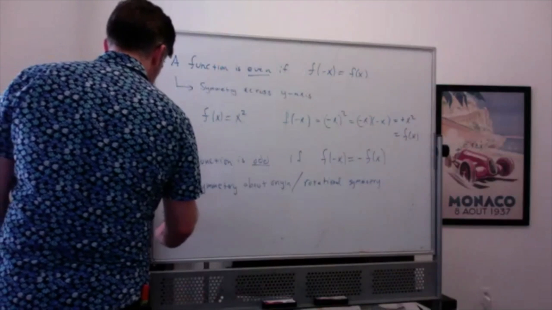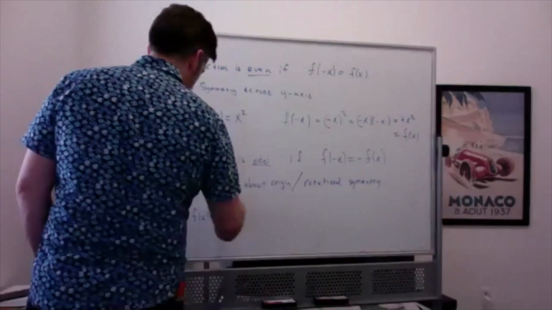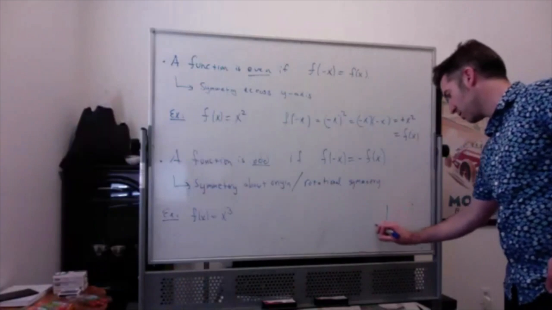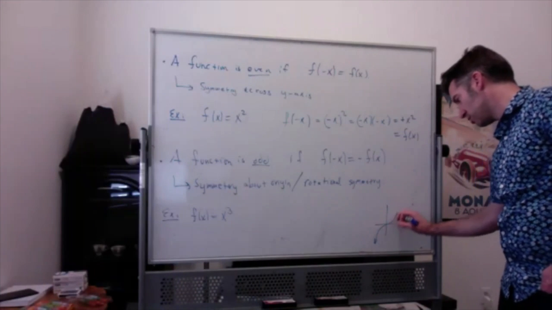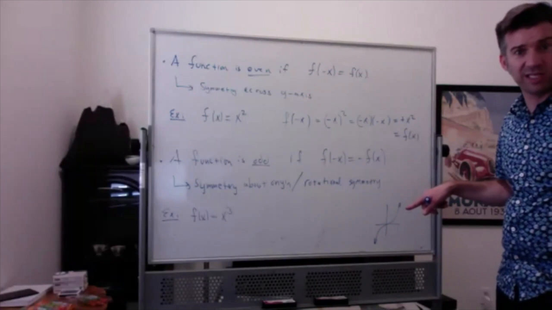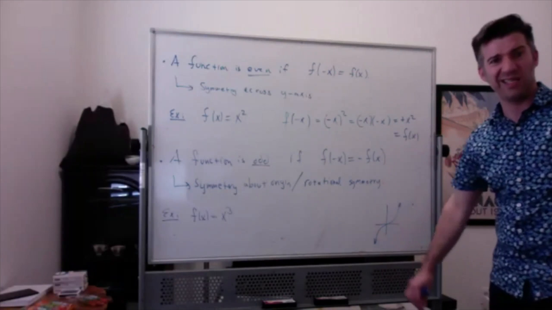My favorite example of this is f of x equal to x cubed. If you think about the graph of x cubed, which I'm not good at drawing, but it looks like this. If you rotate it 180 degrees around the origin, oh yeah, it's going to look the same. Or if you flip it in the y-axis and then in the x-axis, oh yeah, it's going to look the same.